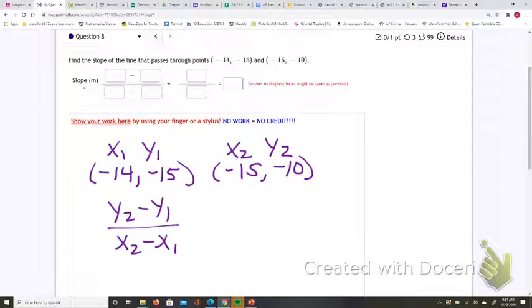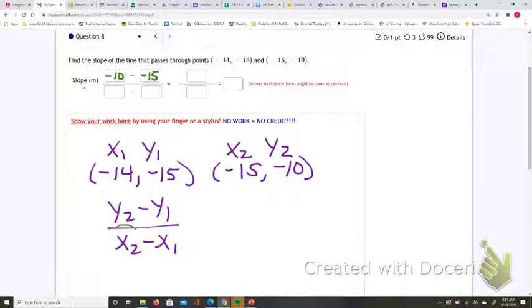Okay, now we're ready to start typing. So the first number in the numerator is y2, which is negative 10. So we're going to type negative 10 in the first blank. Then we have minus y1, which is negative 15. So we type negative 15 into the second blank.